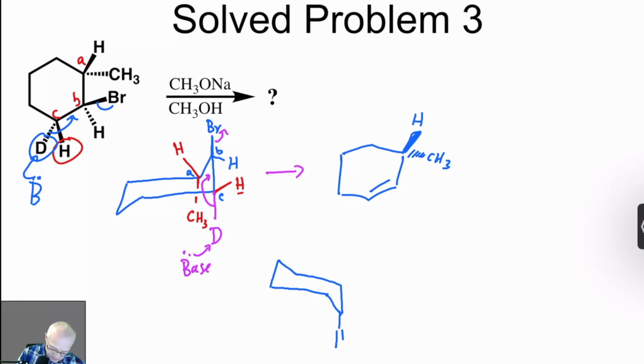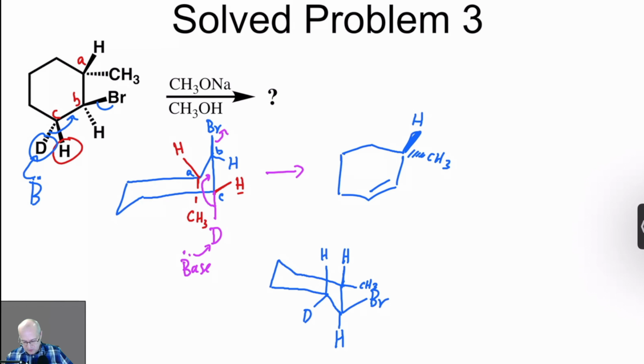So now the hydrogen will be down, the bromine will be up, just like that. And in that case, this hydrogen will be up. The methyl will be down. Hydrogen will be up. Deuterium will be down. There we go, like that.